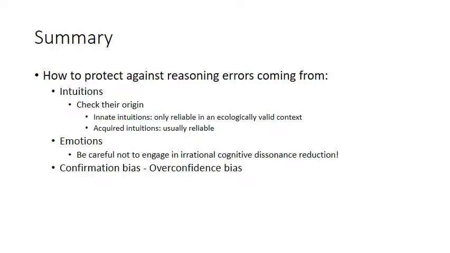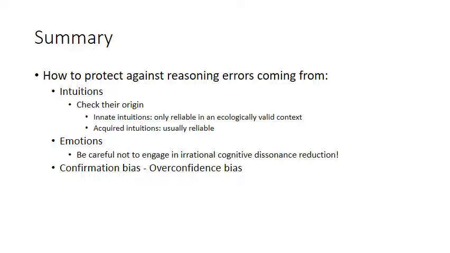But even more importantly, it seems that because we develop these emotional ties with certain beliefs, we engage in irrational cognitive dissonance reduction whenever we encounter counter beliefs. So a critical thinker in that sense is also to a certain extent a dispassionate thinker. He's aware, or she's aware, of the fact that when we're too emotionally involved, we're not as objective as we should be.